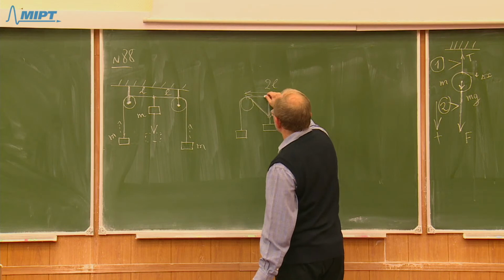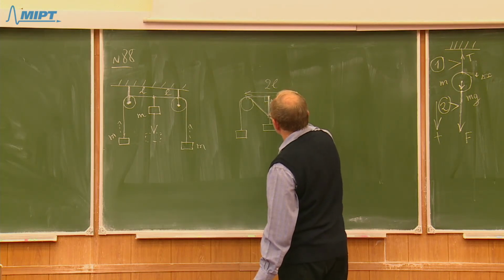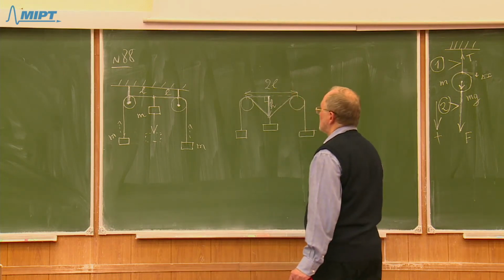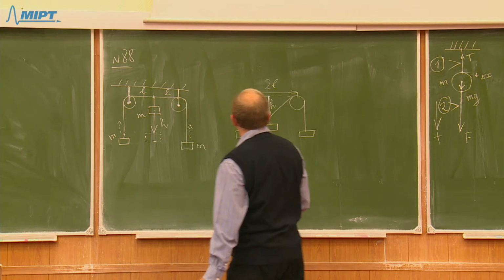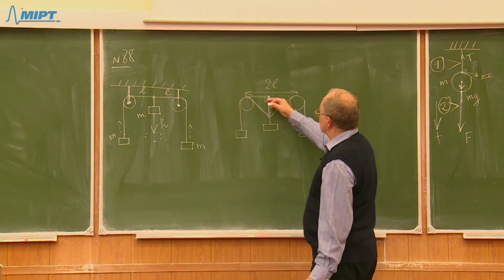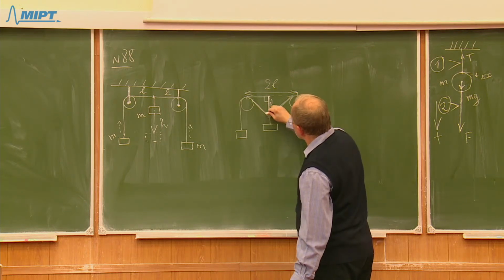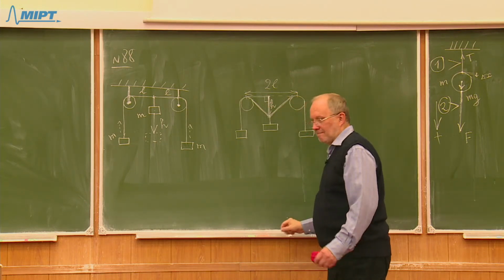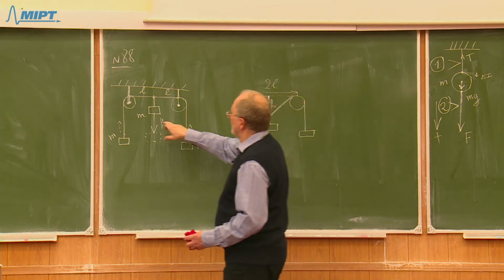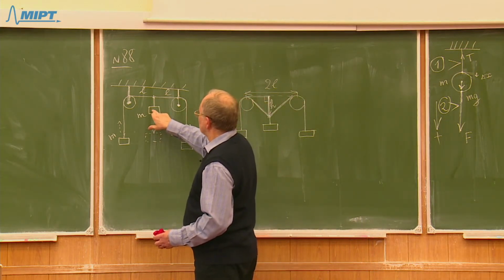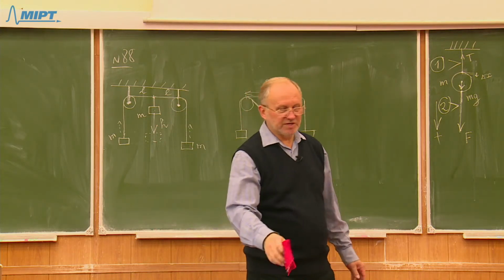The vertical leg of this right triangle will be equal to the displacement, which I will denote by h. So the displacement of the middle weight will be denoted by h. After it goes down, the string will form an angle. And we have to find this distance h by which the middle weight will go down.